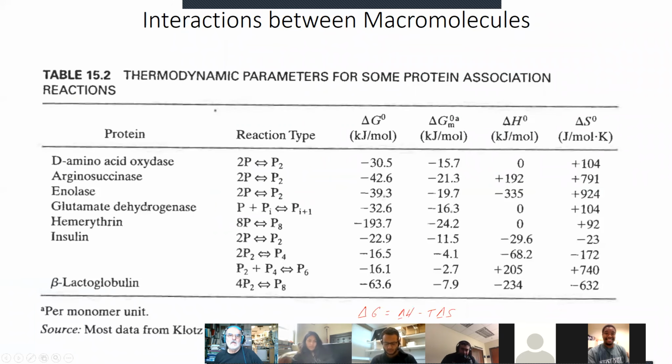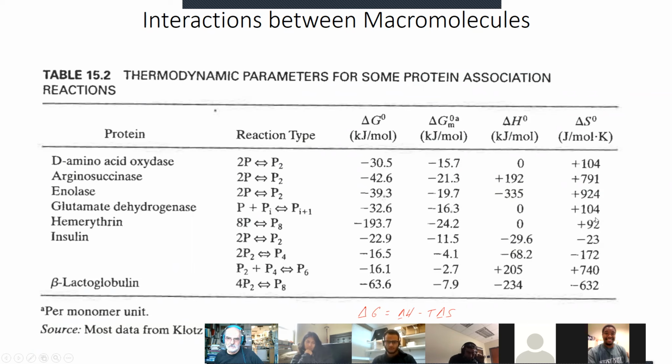So the data out of Van Holde shows an assortment of driving forces. And now you can look at this table and say, gee, where do these plus values come from? Where do these negative values come from? These favorable plus values for entropy suggest in those cases that there's a large contribution from the hydrophobic effect.